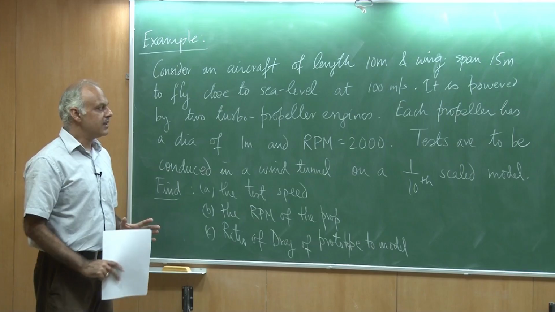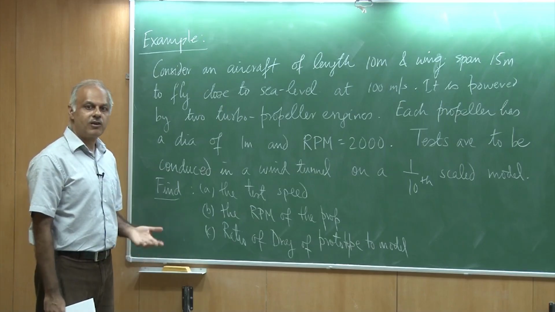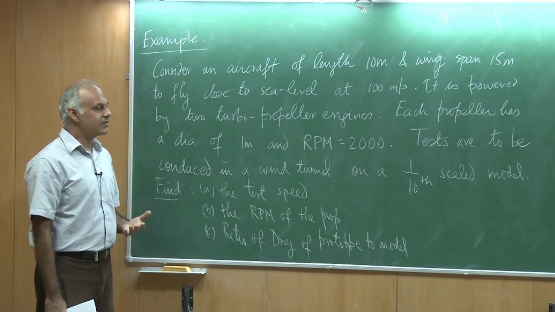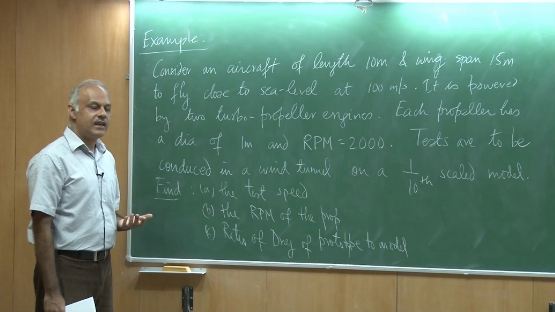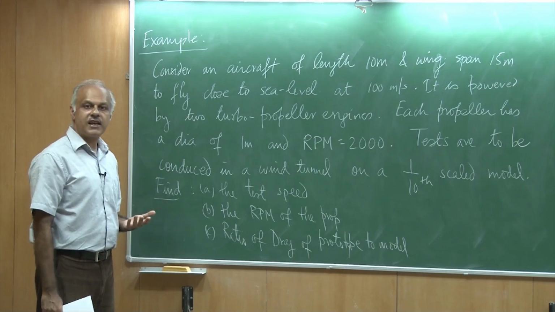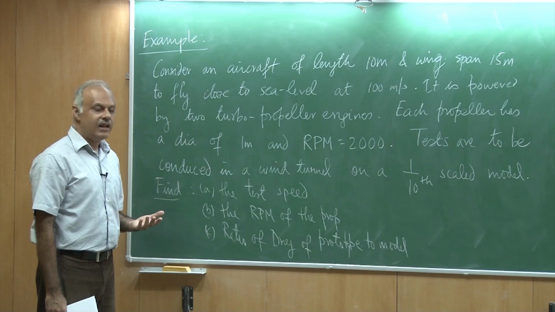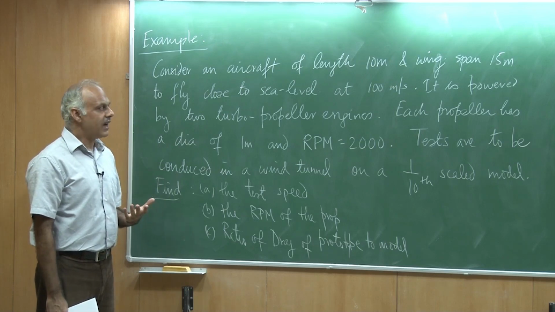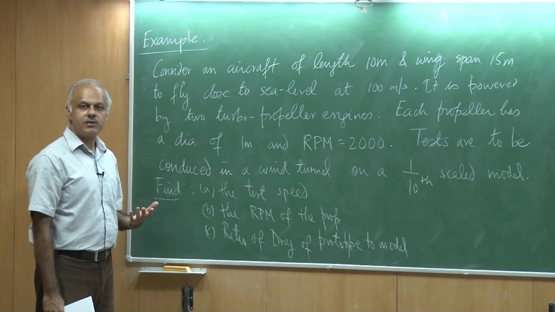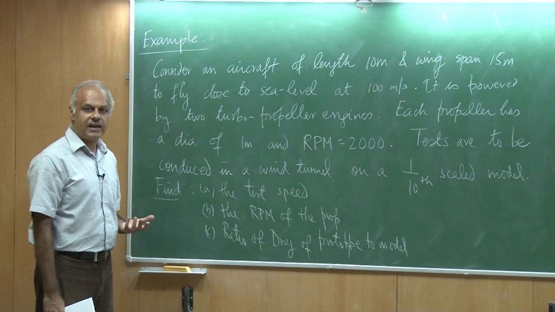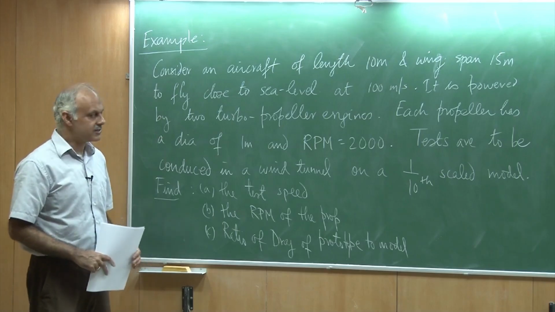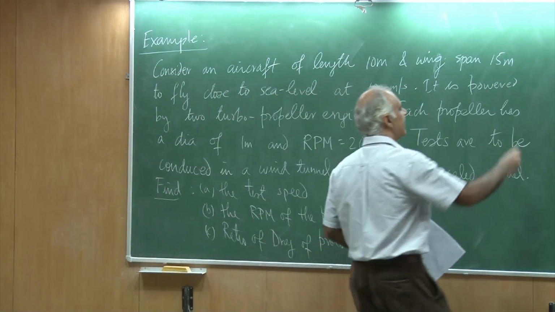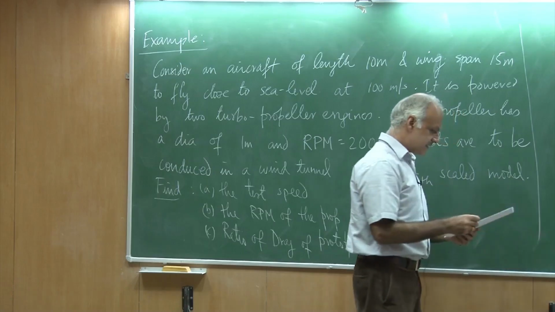So, the larger the model, the better off you are, but of course, as we discussed, the power required is usually the cube of the speed, and a larger tunnel would require huge power, and sometimes that power may not be available, not to mention the infrastructure costs. That said, let us go ahead with the analysis.